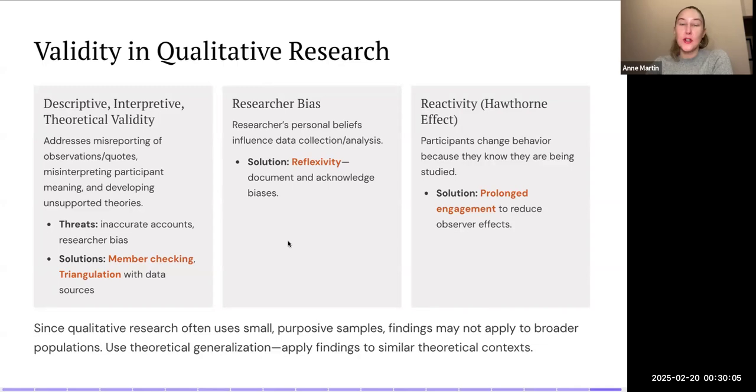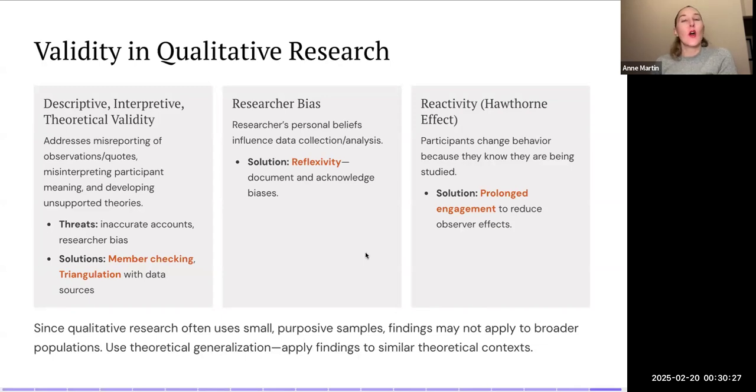In terms of researcher bias, of course, this is when the researcher's beliefs, positionality that we talked about, impacts how they interpret the research. So it's important that the researchers are always engaging in this. The solution or method to address this is what we call reflexivity.